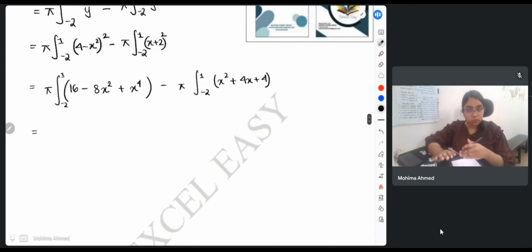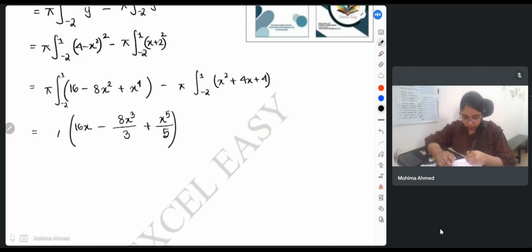Now we will do the integration, which is 16x minus 8x power 3 divided by 3 and x power 5 divided by 5. This is one part multiplied with pi, boundaries 1 and minus 2.